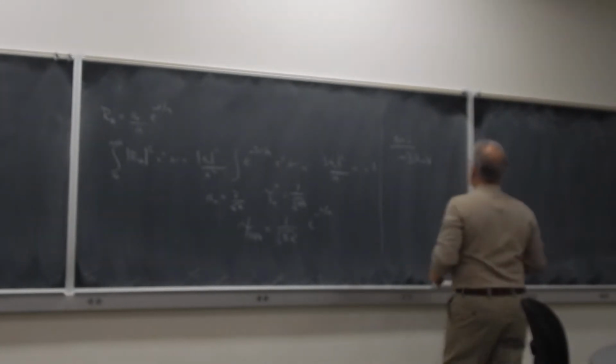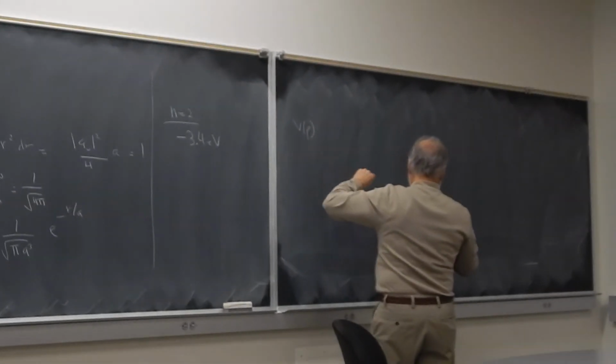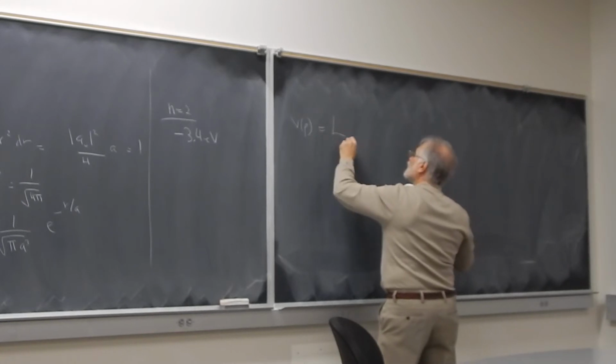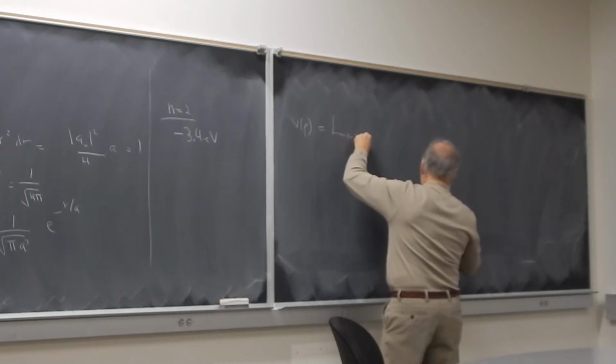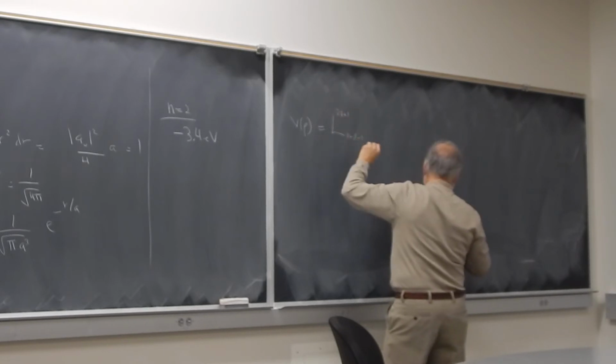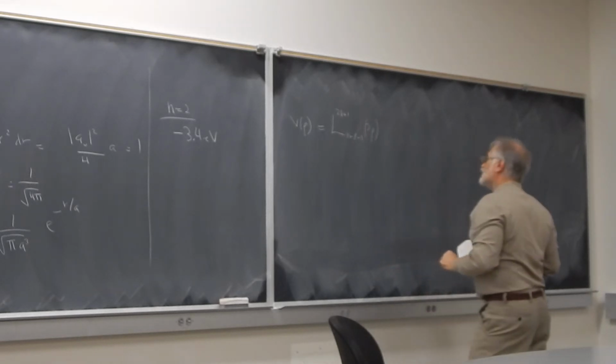By the way, if you remember, we were talking about this polynomial v of rho. We can write it in the following way: capital L of n minus L minus 1 to the 2L plus 1 of 2 rho. That's a well-known function.